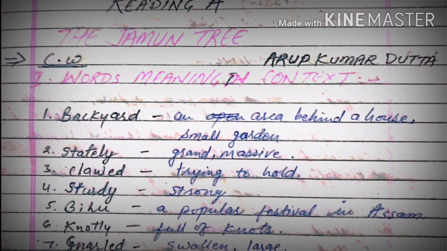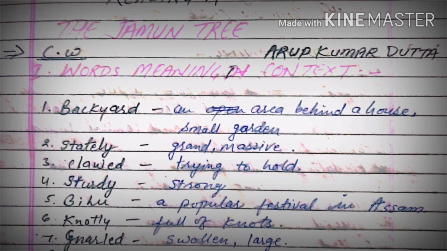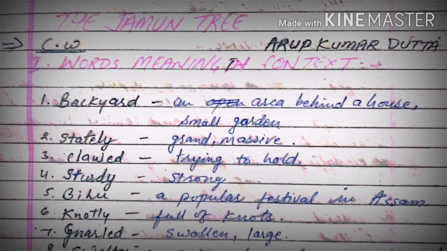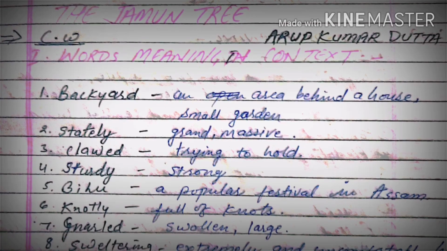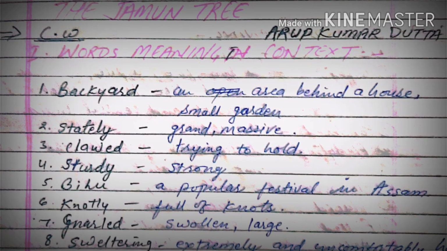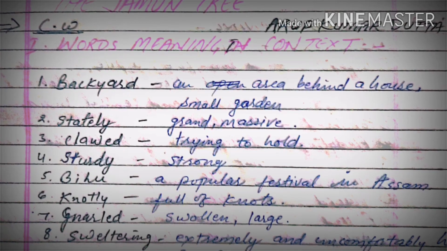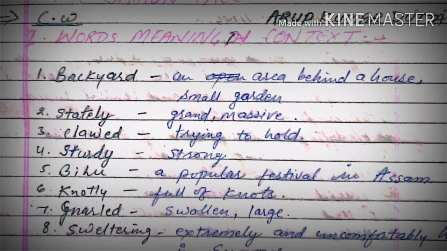So the first word meaning in context: the first word is backyard, meaning an area behind a house or a small garden. Second one is stately, meaning grand or massive. Third is clasp, meaning trying to hold. Fourth one is sturdy, meaning strong. Fifth one is Bihu, a popular festival in Assam.